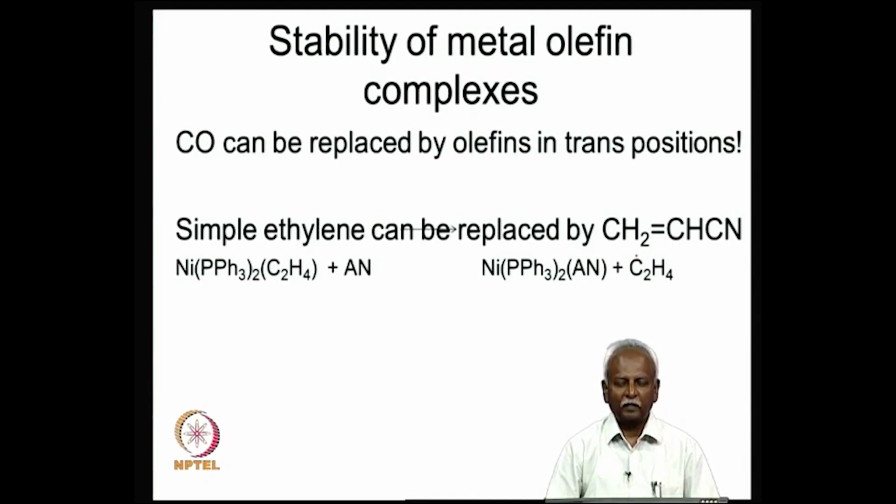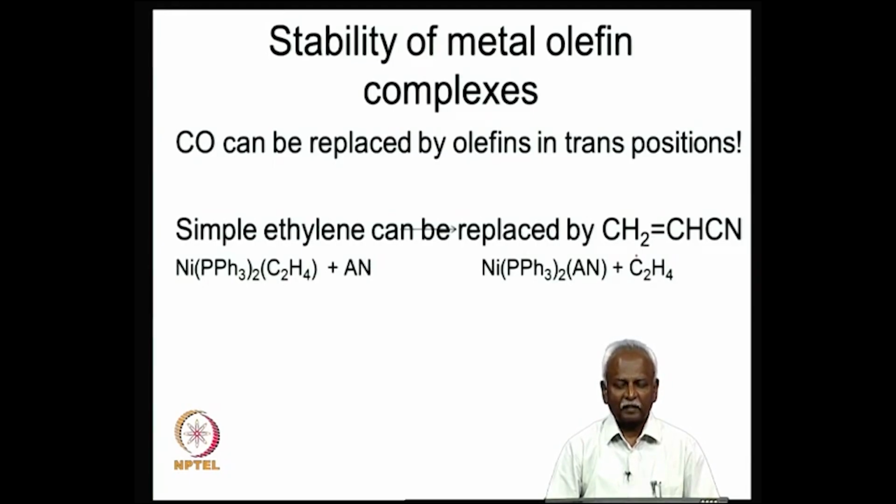This will lead to greater stability because the olefin itself is a poorer pi acceptor. So, the metal is able to donate more electron density to the carbon monoxide, and the M-CO bond becomes stronger, and this leads to greater stability.